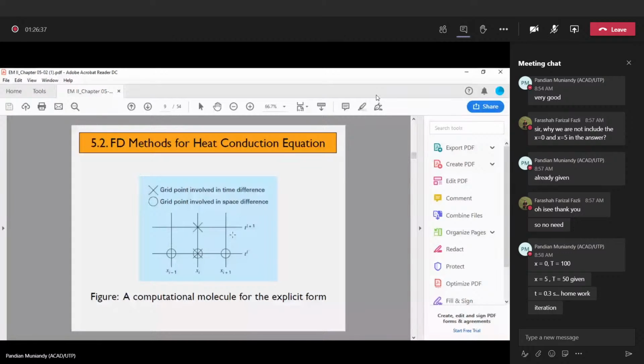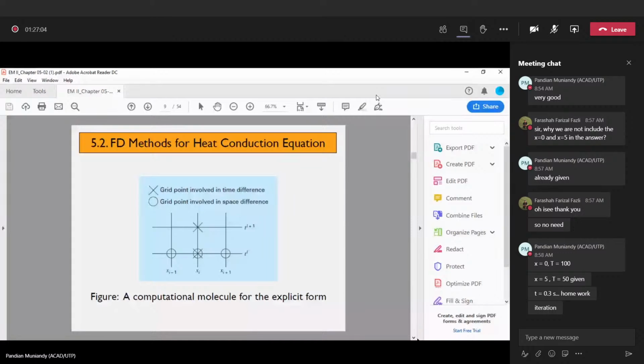X-axis is the distance and the t-axis is the time. So it started with 0, 0.1, 0.2, and then 0.3. So the x-axis 0, 2, 4, 6, 8, 10. So 0 and 10 is given, this one.